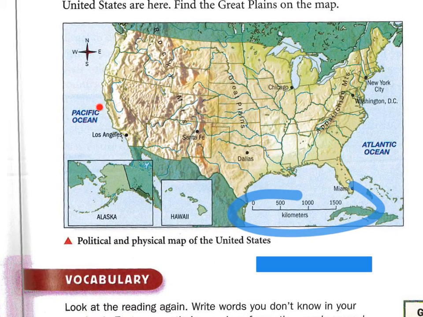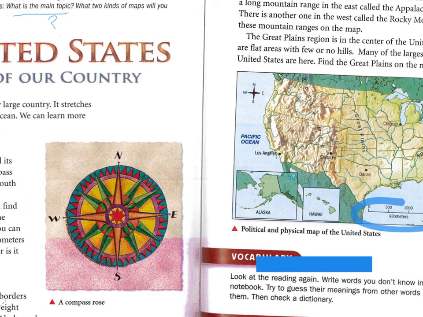So here's the continent, North America. Hawaii is not in Mexico, right? Hawaii is over here. And Alaska is up here. But they're shown like this on the map with a box.